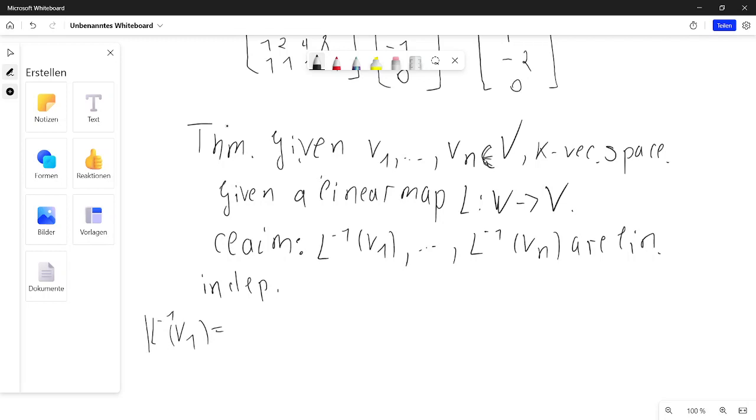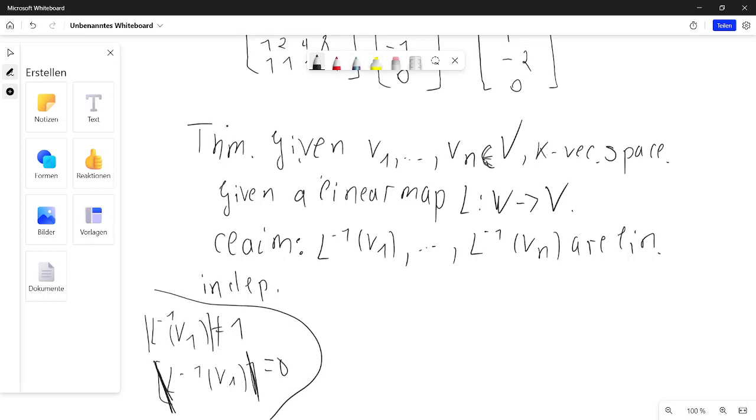So it could be that this is not equal to 1. Or it could even be equal to 0 if the map is not surjective, and this vector doesn't have any pre-image. All possible. So we do it differently.